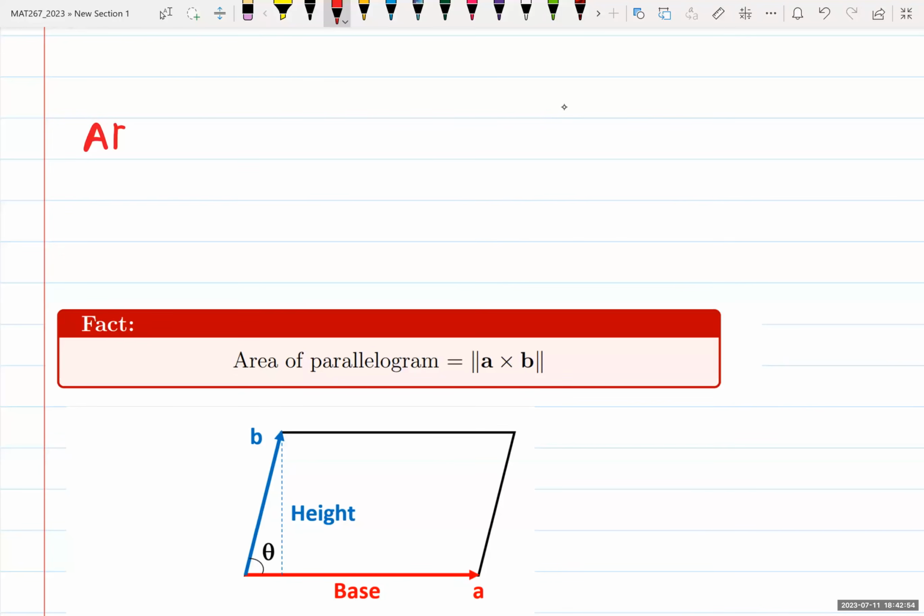So let's see. Area of the triangle that has points A, B, C. I have a nice screenshot. I took some screenshots from your homework. I should stop writing in red. It becomes too aggressive. Q is -2, 2, 5. That's from your homework.